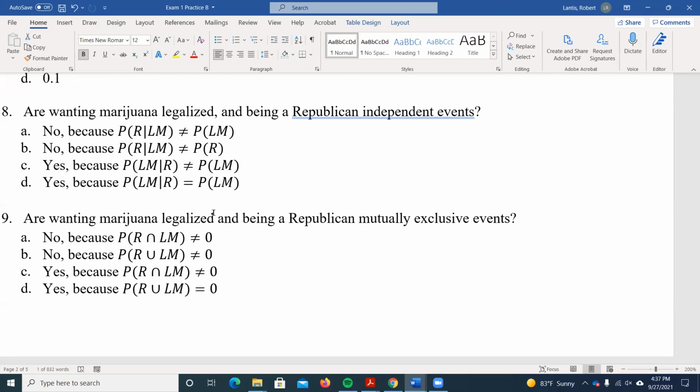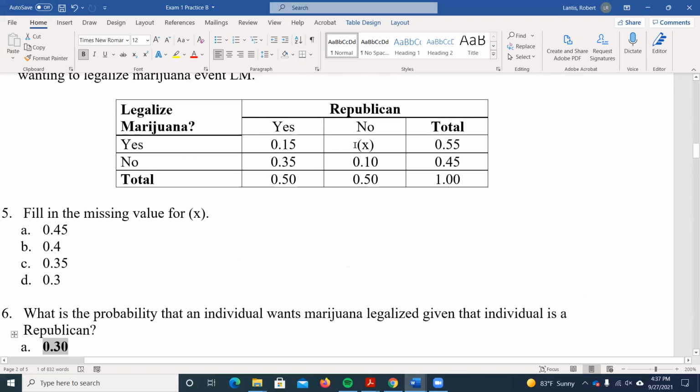Yeah, if something can't happen, the probability is 0. They can't happen at the same time, there's no overlap. So the only way that two events will be mutually exclusive is if we see a 0 in the contingency table. I can scroll up, but if you remember, I don't have any zeros here. Even when I solve for X, I don't have any zeros.